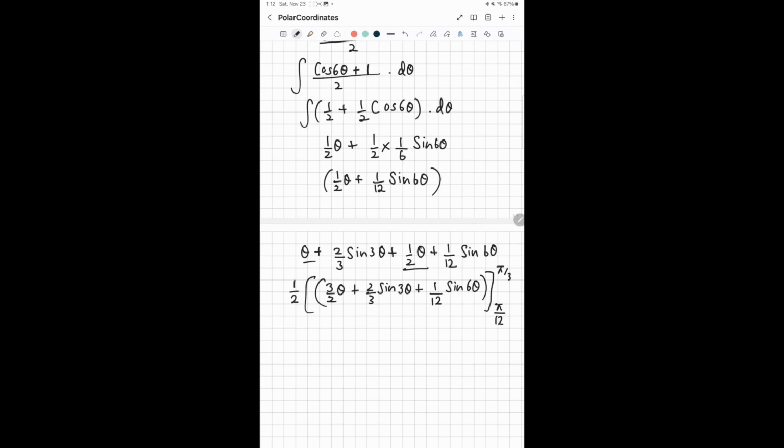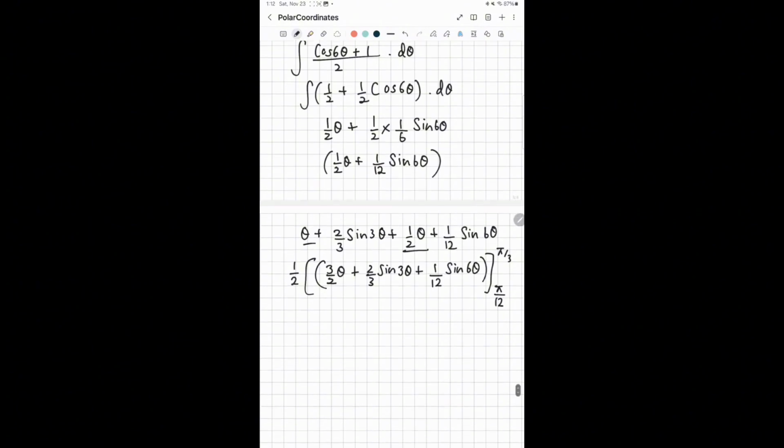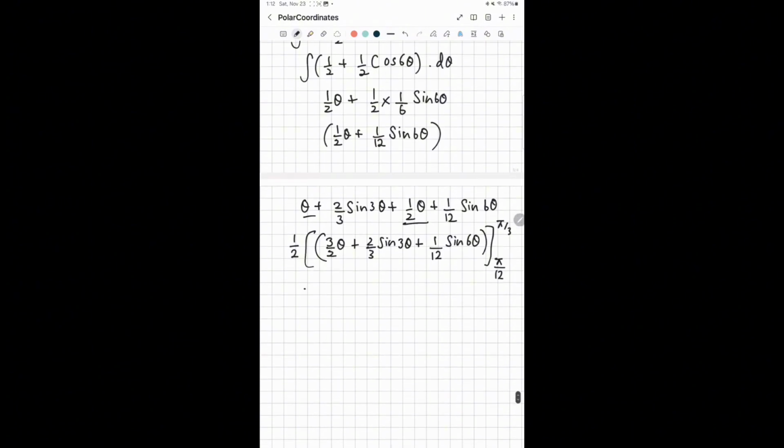The whole thing is multiplied by half. Well, we could multiply it by half straight away, so you can put 3 over 4 theta plus 1 over 3 sine 3 theta plus 1 over 24 sine 6 theta.